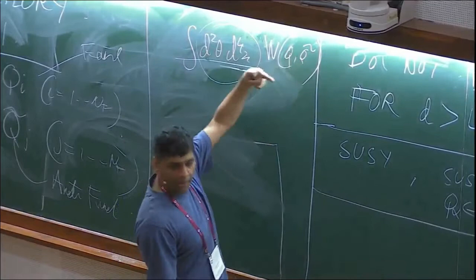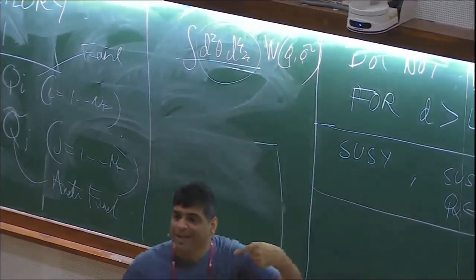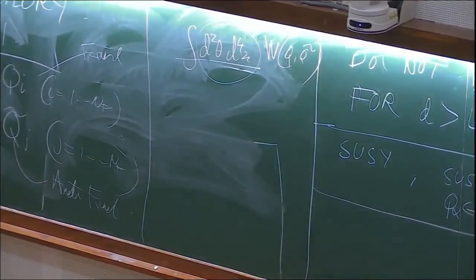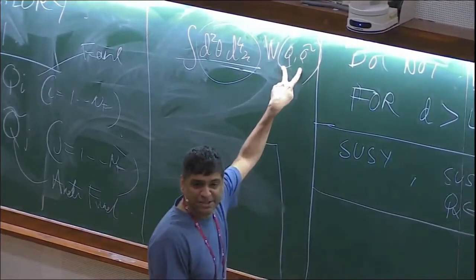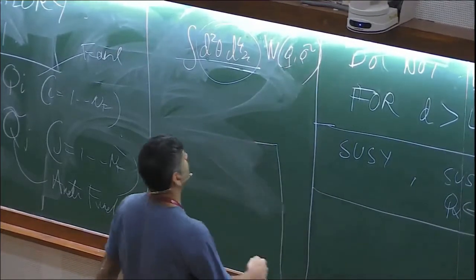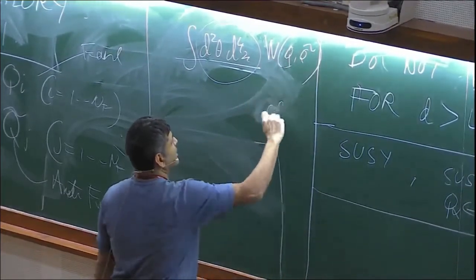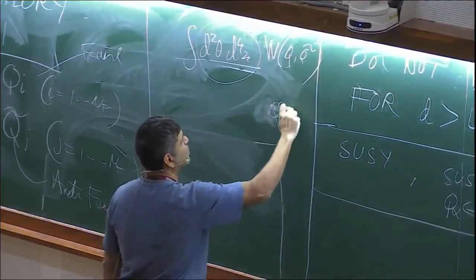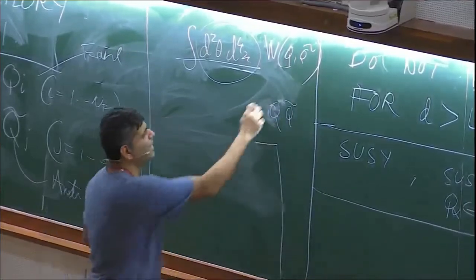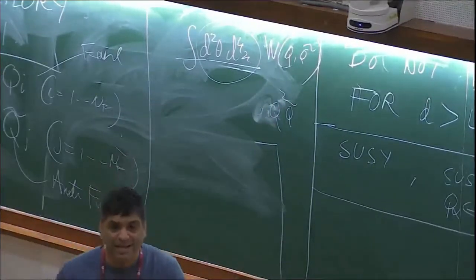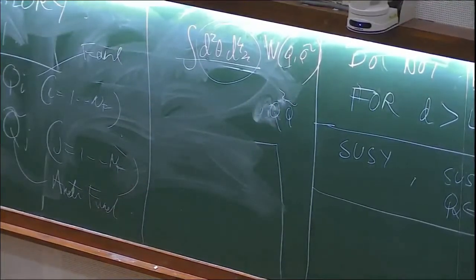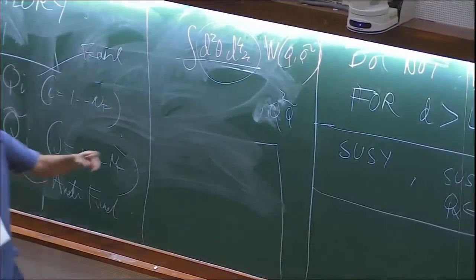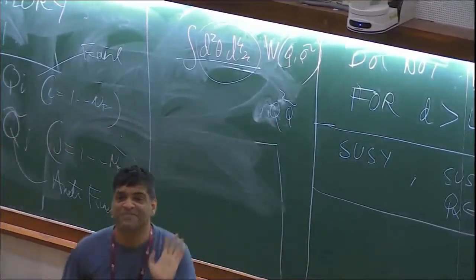So renormalizable operators are operators with dimension 3 or less. I mean, renormalizable superpotentials have dimension 3 or less. So what can you put in here which is dimension 3 or less? Well, you might think, I could put Q Q tilde. That's good. What about Q squared Q tilde? That looks like dimension 3, since Q has the same dimension as phi, which is 1 in 4 dimensions. The problem is that whatever you put in your Lagrangian has to be gauge invariant.